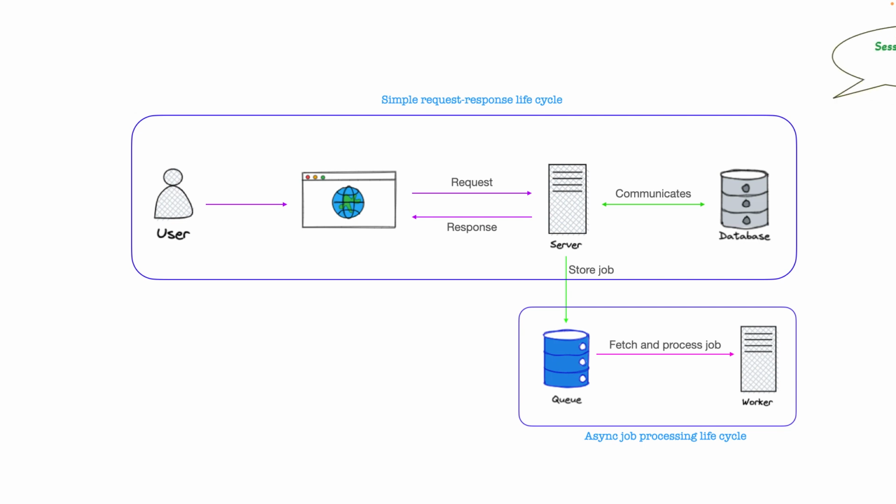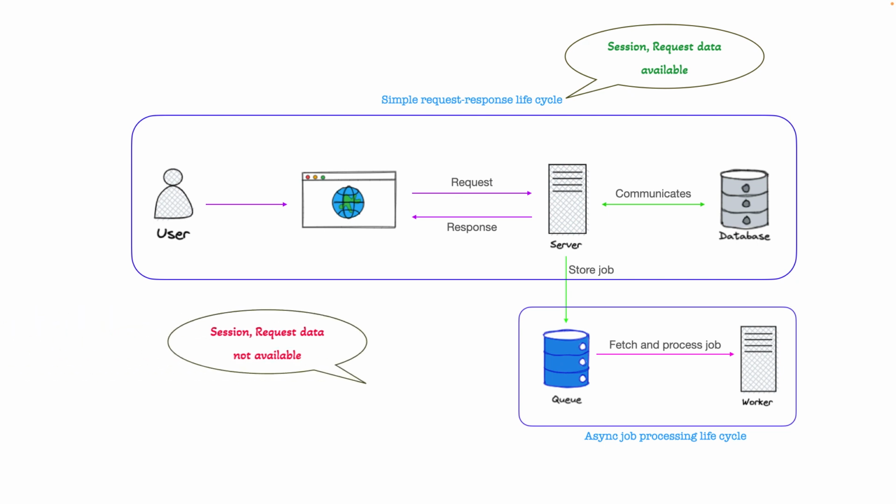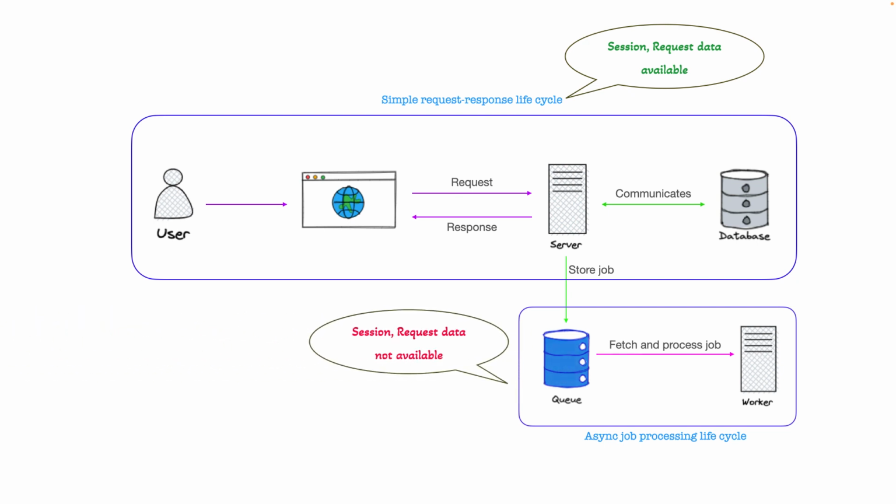So in the basic request response lifecycle, the session data or request data is available and we can access them using the session helper or request helper, or authenticated user data is available because that's part of the session. But when the asynchronous job is being processed by the worker, there is no session data or request data available.